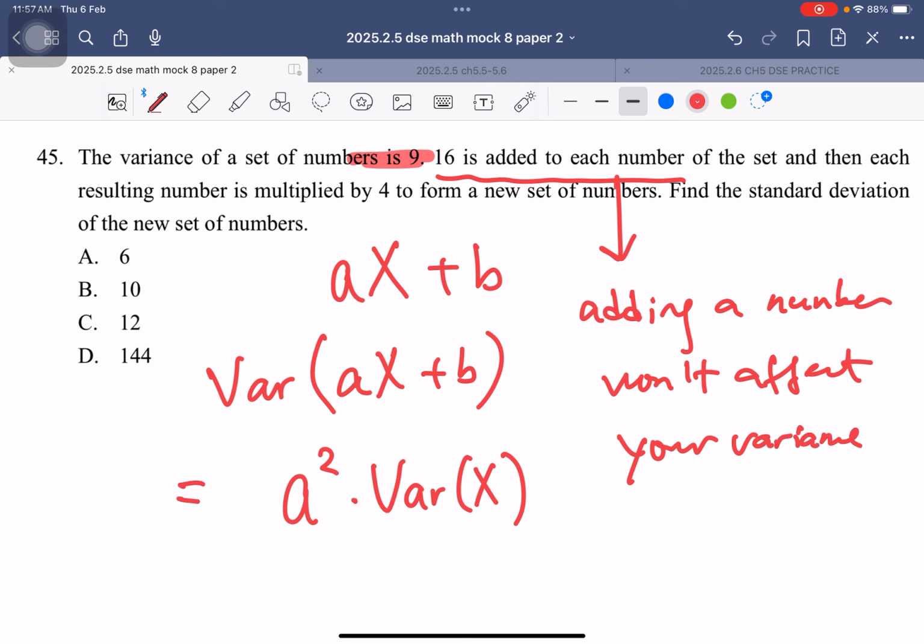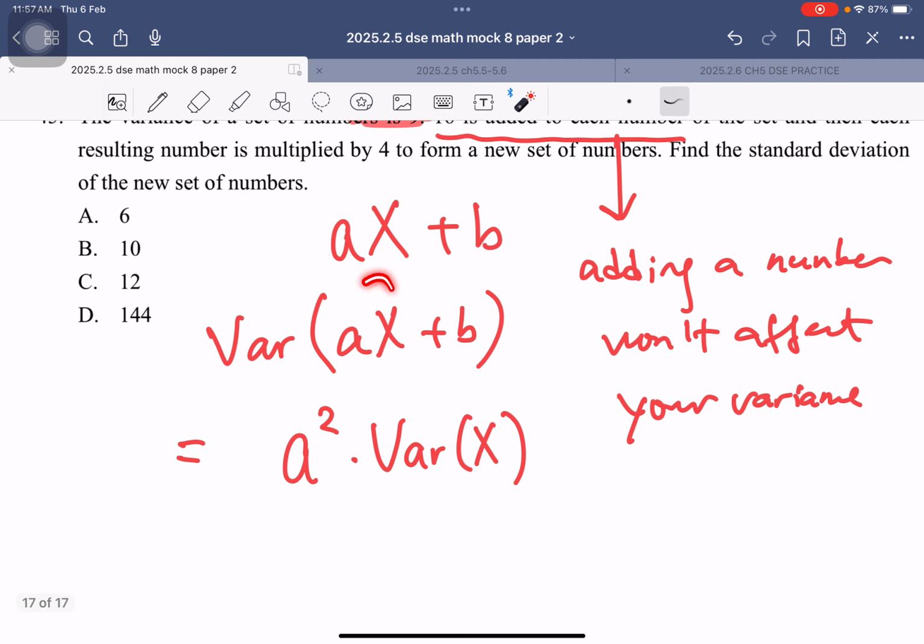Okay, what I said: adding a number won't affect your variance. And then we multiply the numbers by 4.